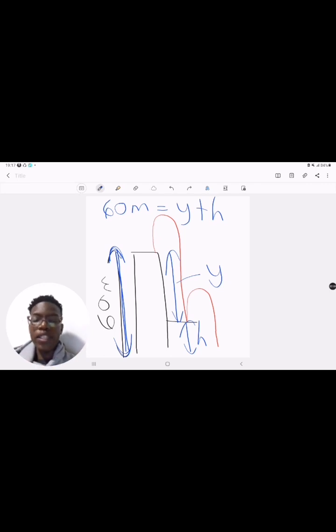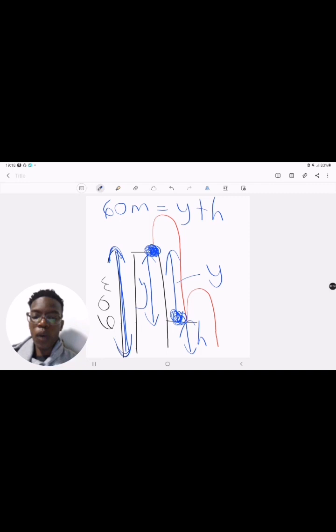If you had a look at my first video where I introduced this concept, y simply is the position of the object from the point at which it was thrown. The object was thrown from there, and right before it bounces, it's there. So that is the displacement of the object from the moment that it was thrown to the moment just before it bounces.